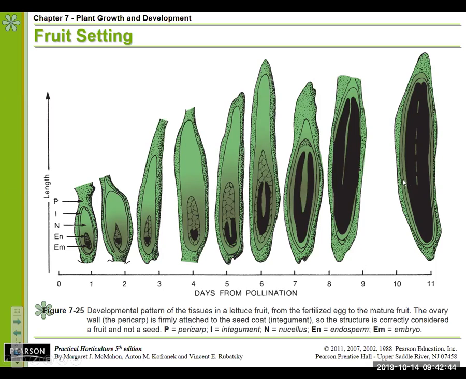And this becomes really important when we're trying to save seed to regrow it. We want the seed to be as mature as possible. So we look at certain harvest indices to make sure that they are actually viable. And in general, we want darker seed, more firm seed that is extremely dry.